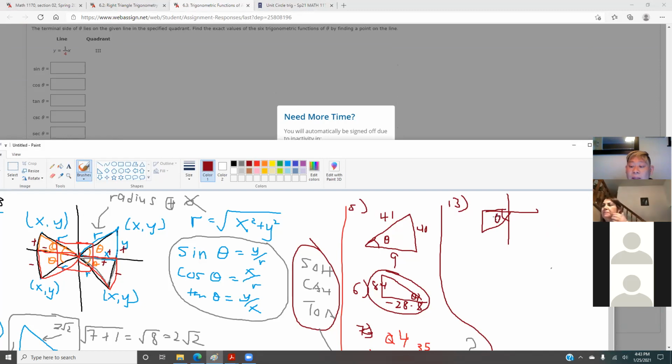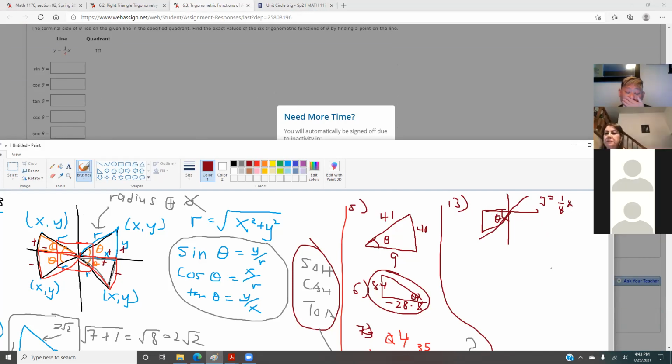But they don't give us any value. They give us a line. So imagine that this line is y equals 1/4 x. This is the line given. My question to you here is that we need to get coordinates on this line. Any coordinates on this line in quadrant 3 will work.